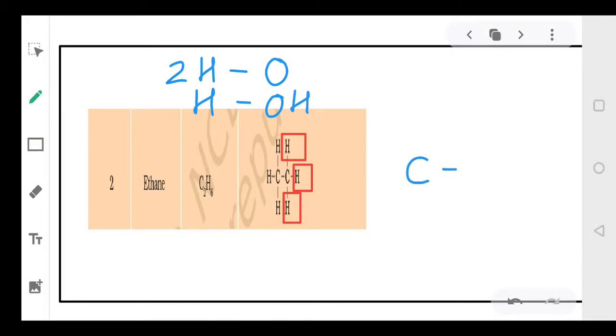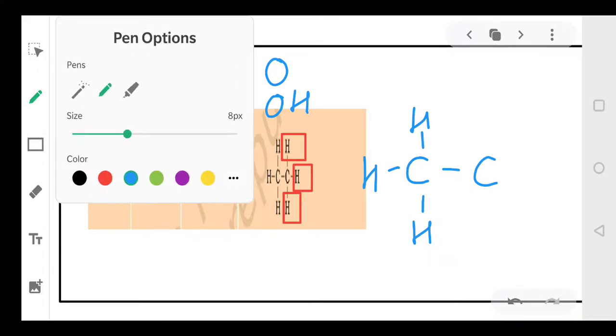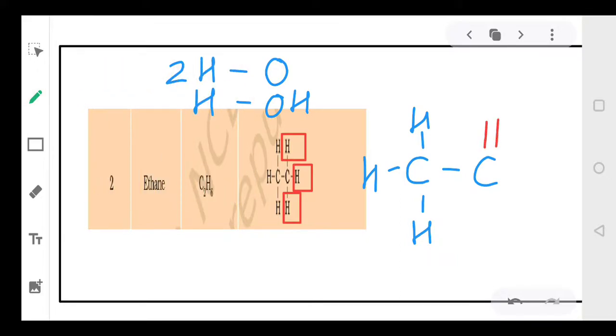So C, single bond C. The rest will remain the same, you will have H here, and here also. In this case, let's use a different color. You will have C double O, and here you will have OH. So we have replaced 3 hydrogen atoms, 2 with oxygen and 1 with OH.